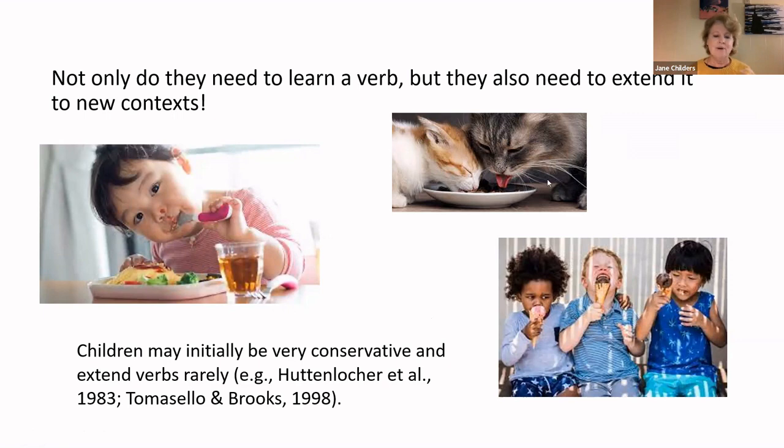We know this is a hard problem because children often have been shown to be very conservative. So when they first learn verbs, they tend to just use the verbs in the way they've heard them. And how do they ever get beyond that?